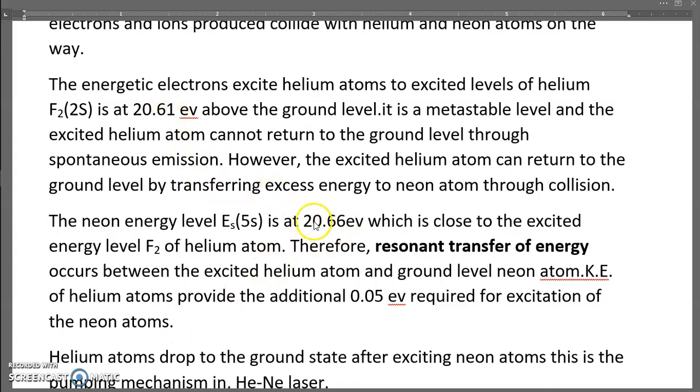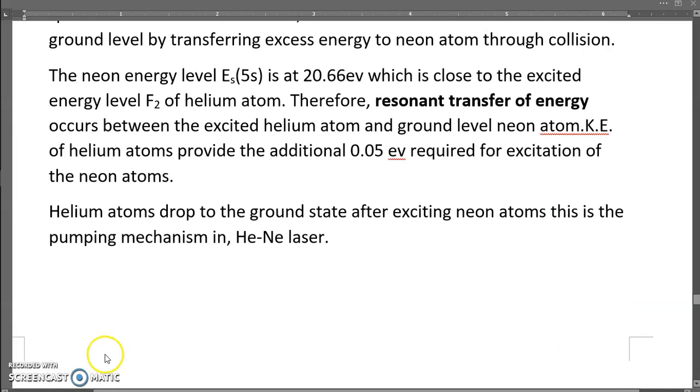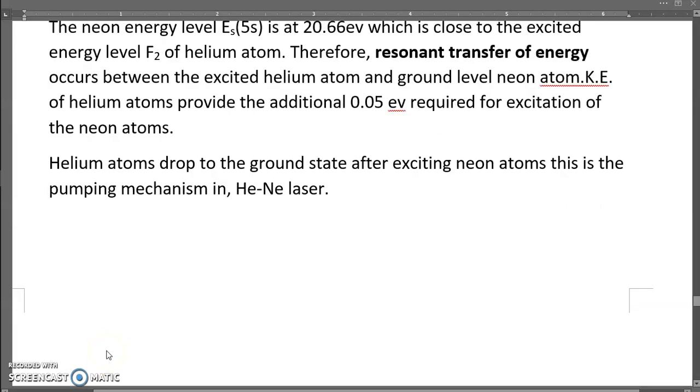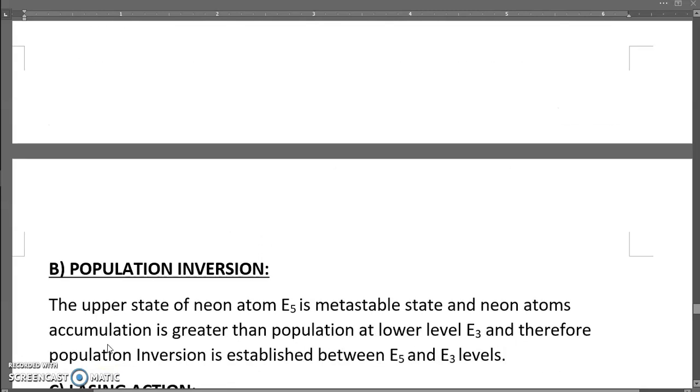The difference between them was 0.05, so that is provided by the kinetic energy of the helium atom. Then once they excite the neon atoms, the helium atom drops back to the ground state. This is called the pumping mechanism in the helium neon laser.